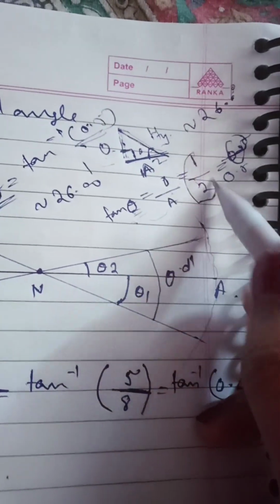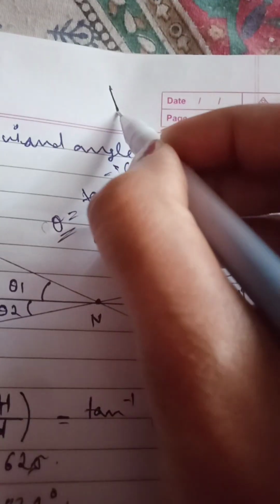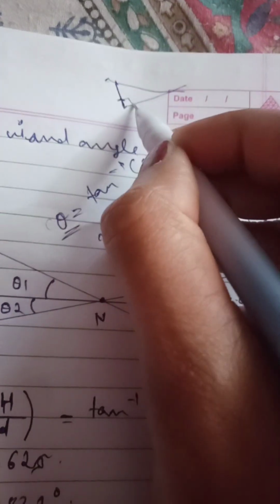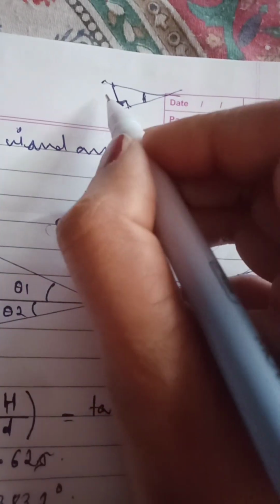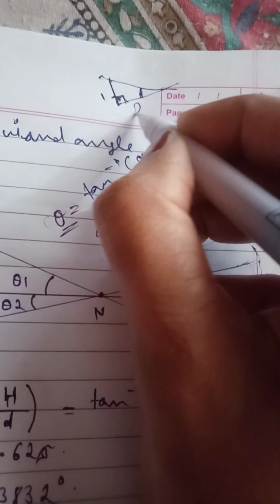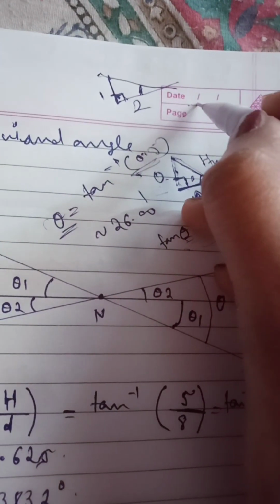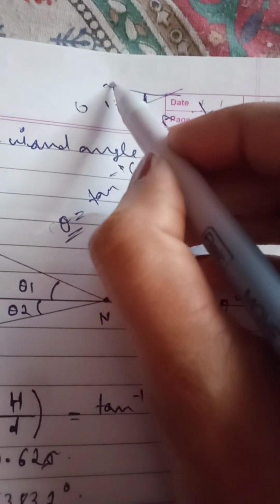So for this 1/2 ratio, this angle is always going to be constant. For example, if it is 1 centimeter and 2 centimeters, it will be opposite upon adjacent, 1/2.